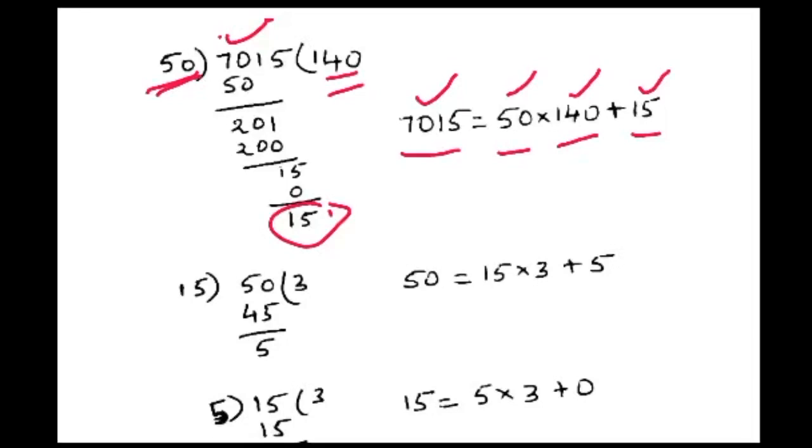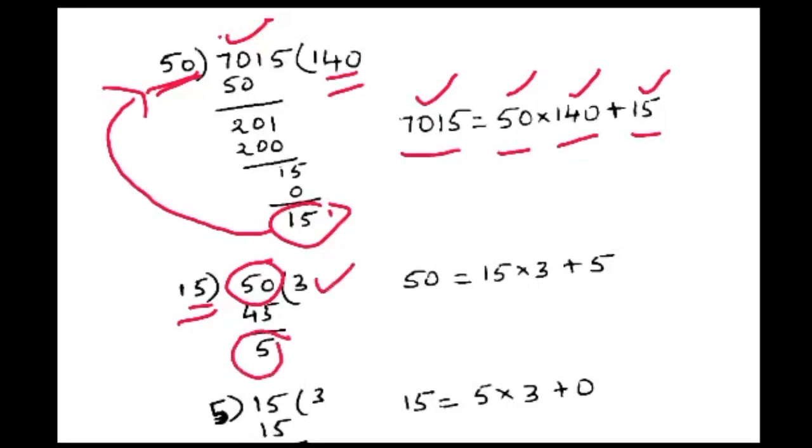In the second one, with this remainder, the divisor must be divided. So now 15 becomes the divisor, 50 becomes the dividend. When 50 is divided by 15, we get remainder 5 and quotient 3.